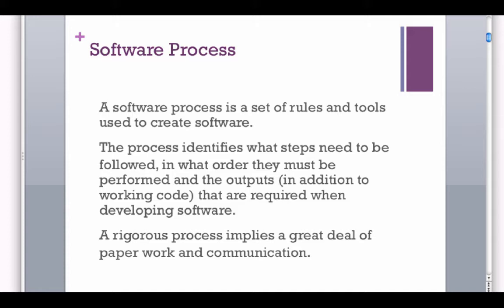A software process is simply a set of rules and tools used to create a piece of software. The process identifies what steps need to be followed, in what order they should be performed, and the outputs, in addition to working code of course, that are required when developing software.